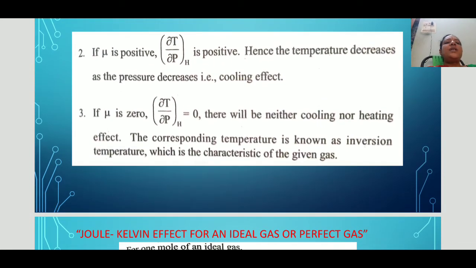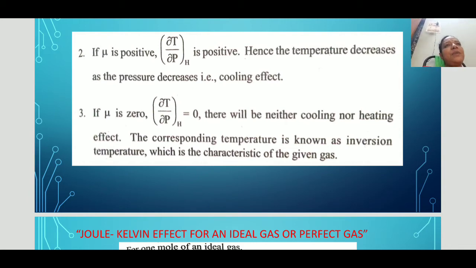Suppose dou T by dou P, that is mu, is equal to 0. There is neither cooling nor heating. That is, dou T by dou P at constant H is equal to 0. By this third point we understand that the temperature at which the JK effect is 0, where the gas neither heats up nor cools, is known as the inversion temperature.